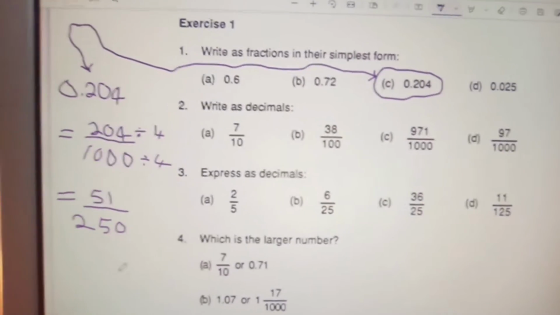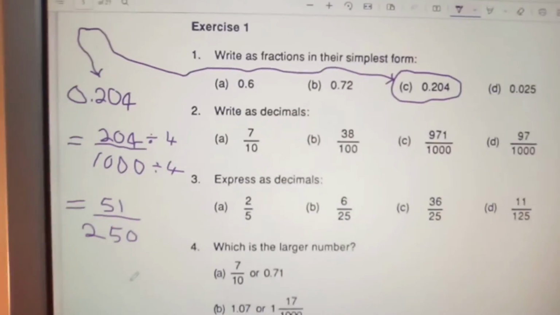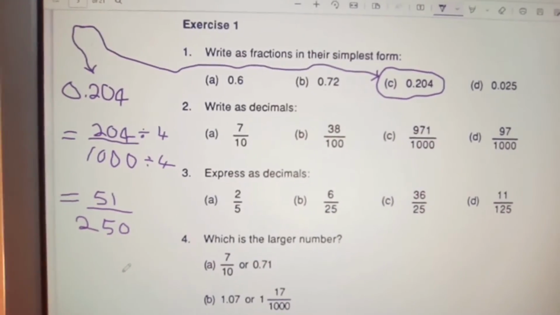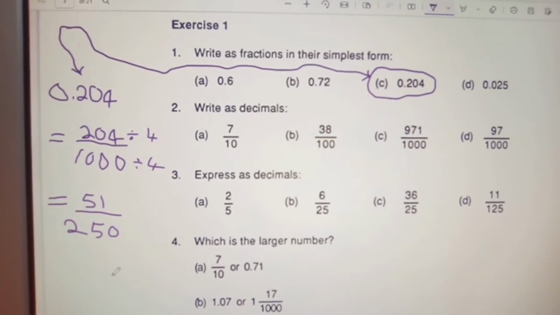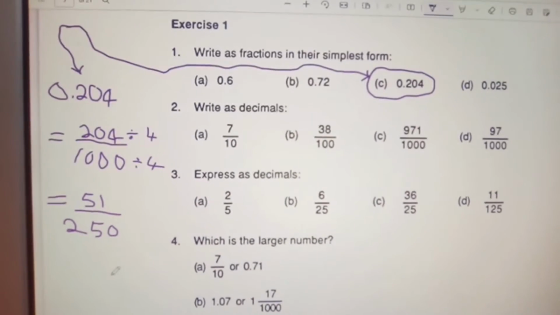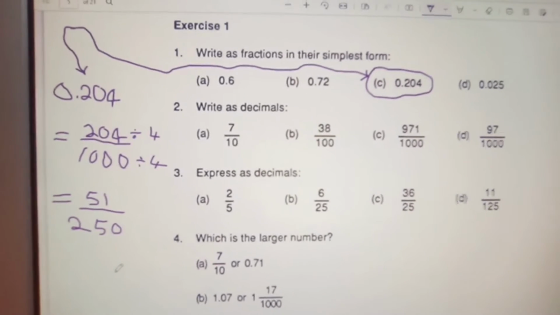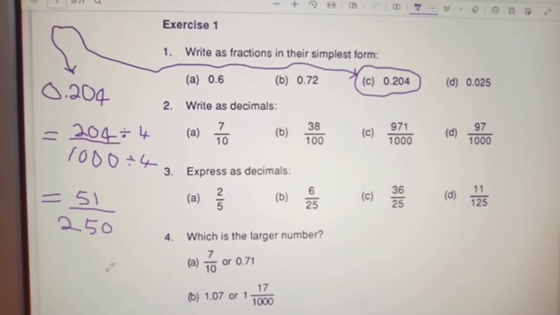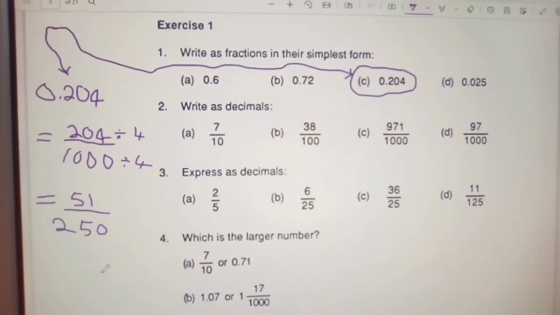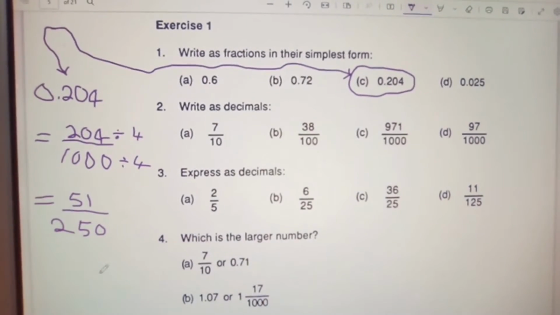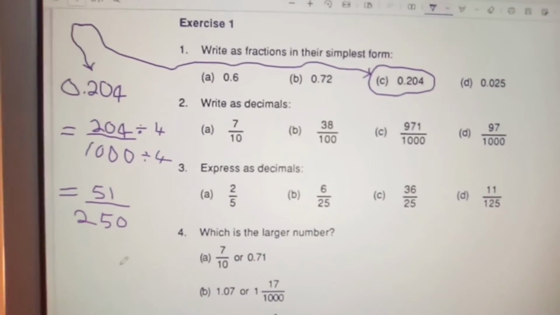Okay, so there we have it so far, we're converting decimals to a fraction. Now we have 51 over 250. Is that the lowest that we can go?